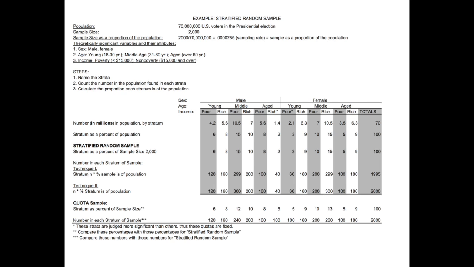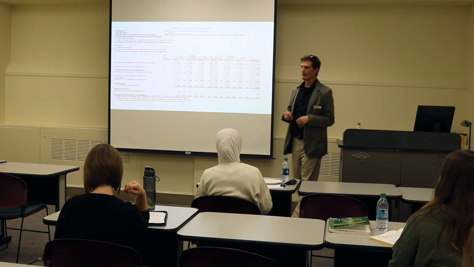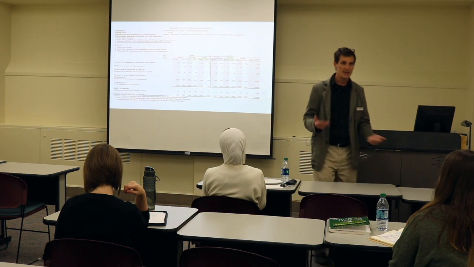But the easiest way to do it, really, to determine the number of people that you need in each stratum is just based on the known information from the population. If it's 6% poor young males, then it's just the 6%, 0.06, times 2,000 gives you the 120, and so forth across the table. So that's how you do a stratified random sample. It's tedious, right?